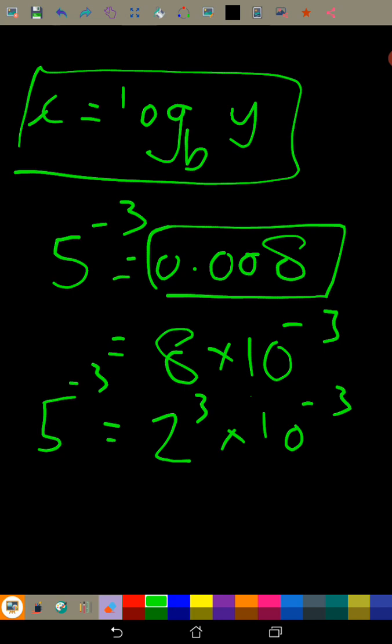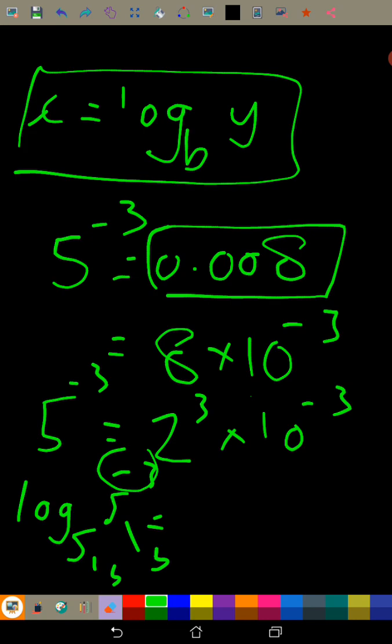What we need to know is that if we do log base 5 here, we will get minus 3. But this is not b. If this is b, this is y. Why is this?